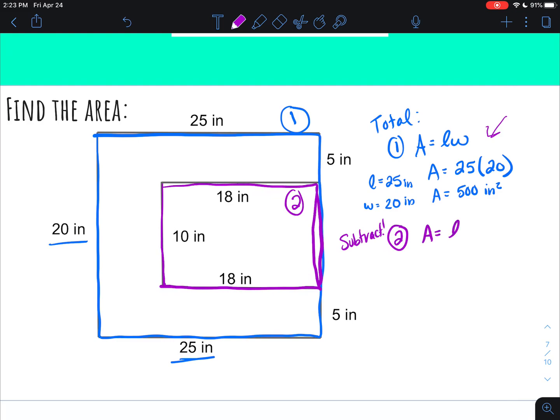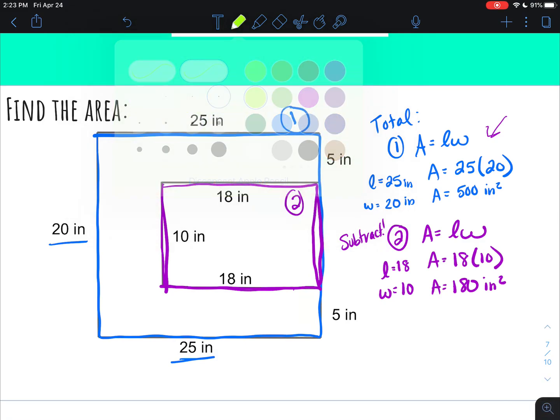So it's also a rectangle, so area equals length times width. So I have to figure out the length and the width. So look at that. They actually already give it to me. So the length is 18 and the width is 10. So area equals 18 times 10. So the area is 180 square inches.